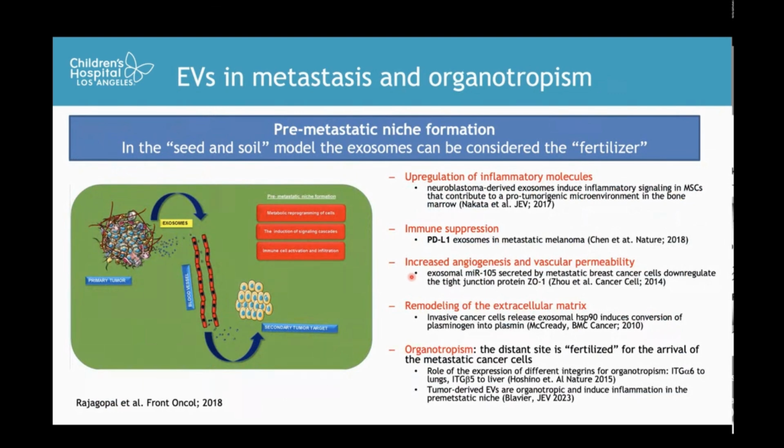EVs are also important in metastatic disease and in determining the fate of where metastasis will develop. In the metastatic niche formation, there's what we call a seed and soil model, where the exosome can be considered a fertilizer, in the sense that the primary tumor releases exosomes that go into circulation and find a secondary target in specific organs.